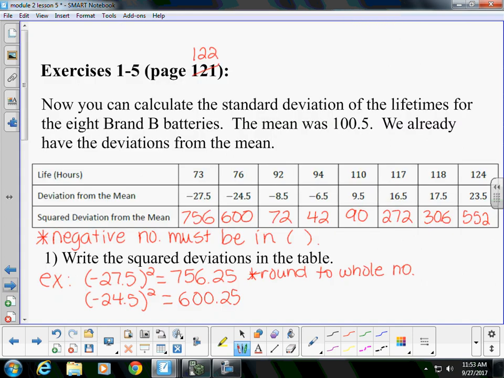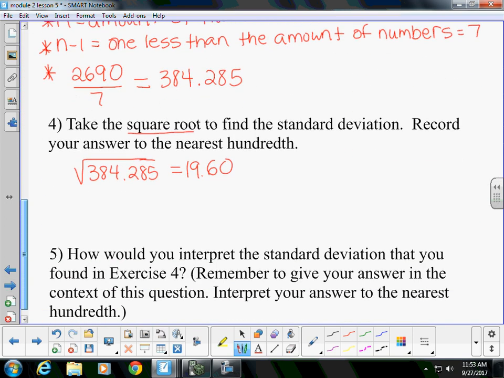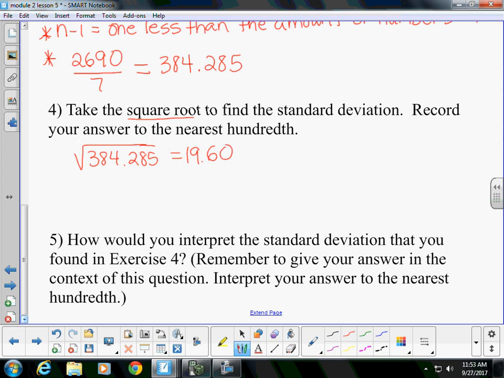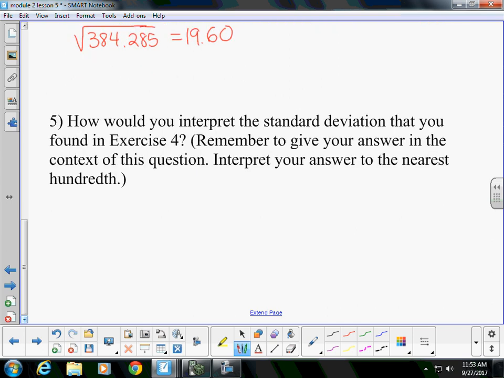Well, this is a pretty large standard deviation, 19. So I would say that the battery lives are more spread out. I'm trying to think of the best way to phrase this.